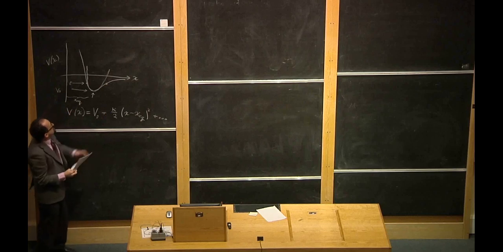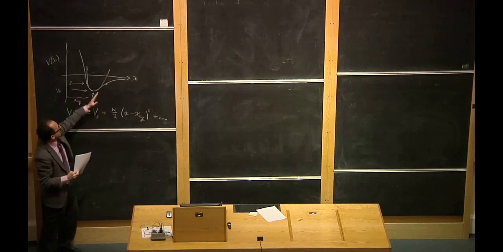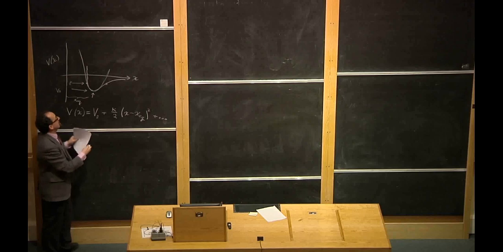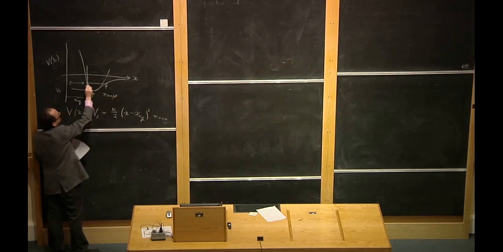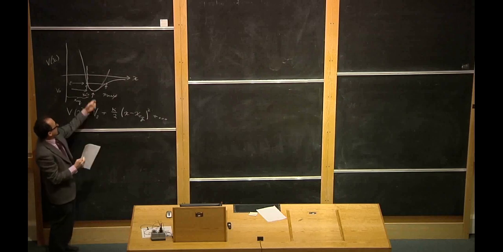Okay? Because the potential is steeper on the inside than it is on the outside. Generally, the atoms will be able to make it far, this x max here, and this x min will differ a different amount from x equilibrium.